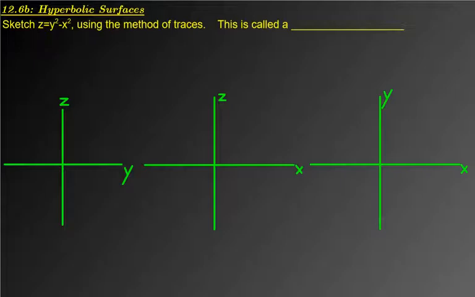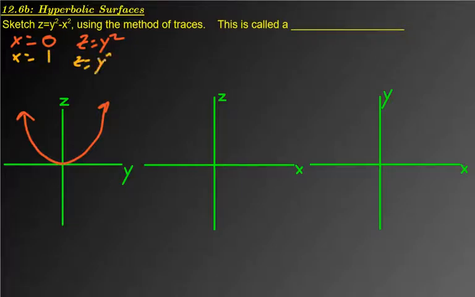So in the ZY plane, we want to let X be a constant to do the trace. Let's let X equal 0. If you let X be 0, you're just going to get Z equals Y squared, so you get a parabola just like that. If you let X equal 1, then you get Z equals Y squared minus 1.